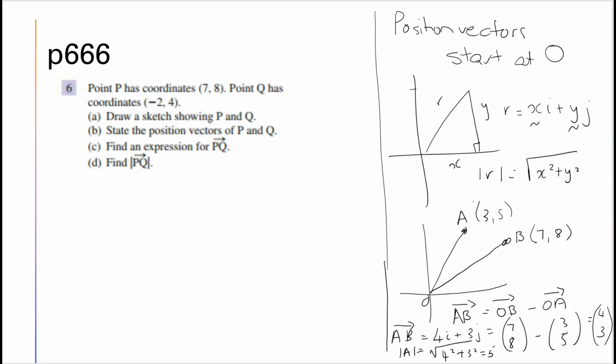Okay, now let's do the question that is there. We need to draw a sketch showing P and Q. So P is the point 7, 8, and Q is the point, if we then draw it as a vector, out here somewhere.